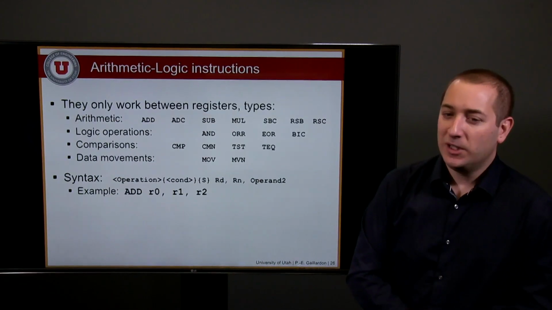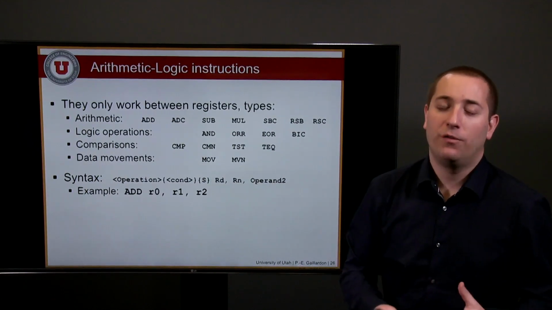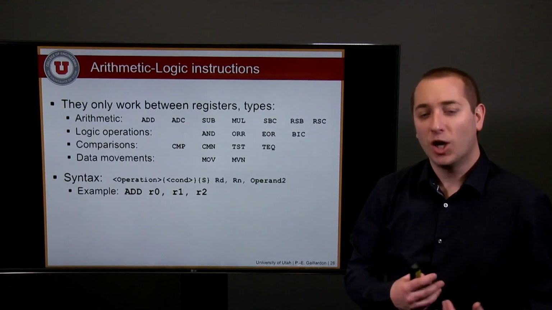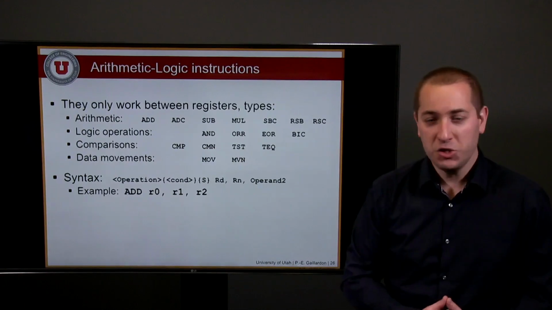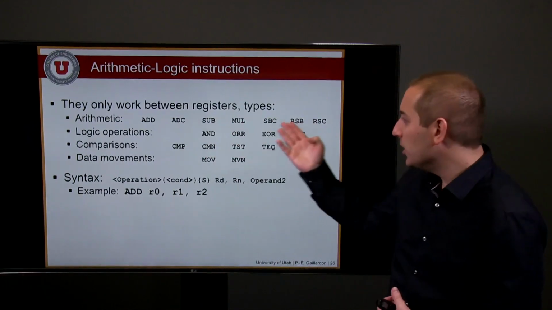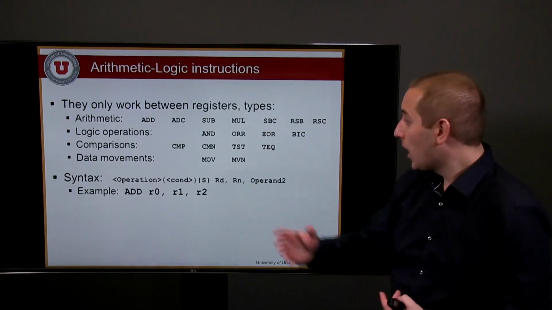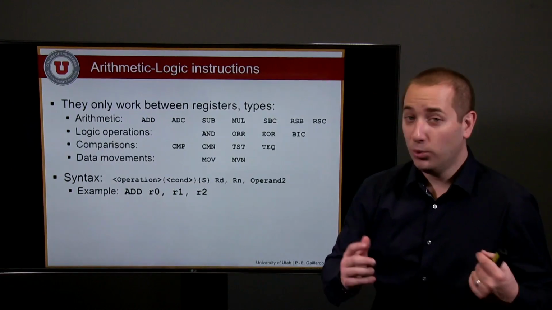Let's now look at the arithmetic-logic instructions. This will be the bulk of the performance of your system, right? Because a microcontroller is here to compute numbers. And those instructions only work between registers, and you can implement arithmetic operations: addition, subtraction, multiplication, and so on and so forth. Logic operations, simply AND, OR, Boolean operations.